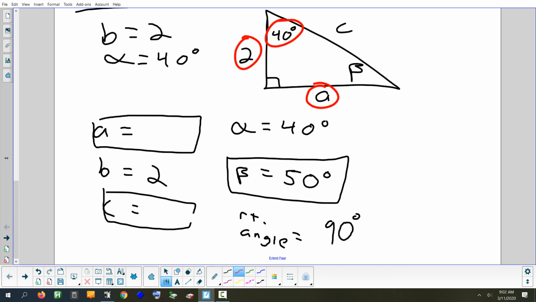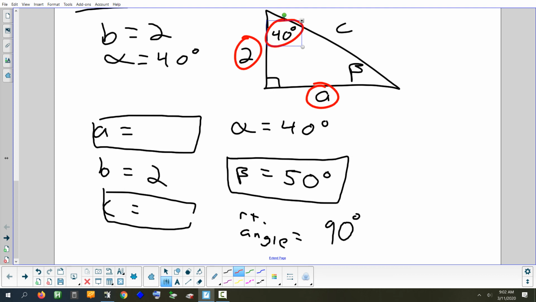All right, so let's label these 2 sides from the perspective of the 40. What is side A? Is it opposite, adjacent, or hypotenuse? About Anthony. What's side A? Opposite.